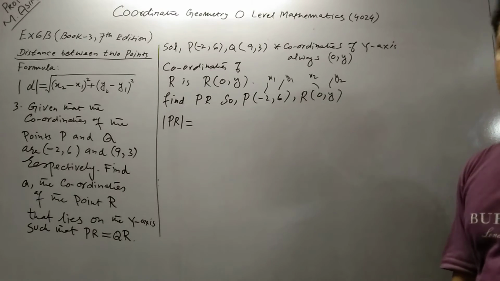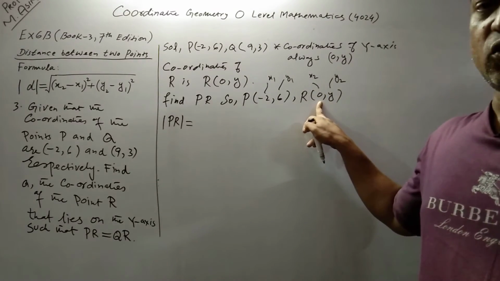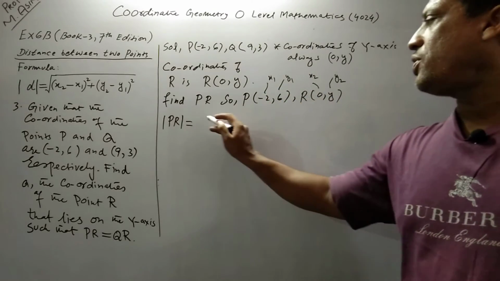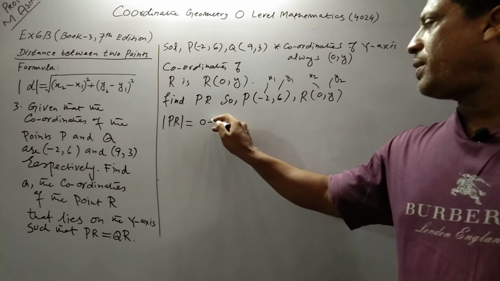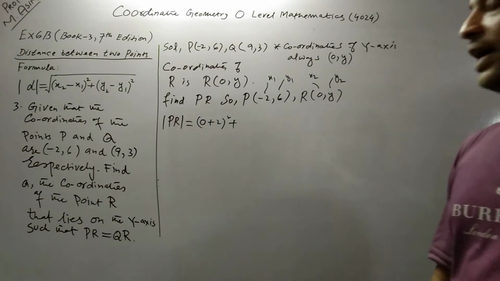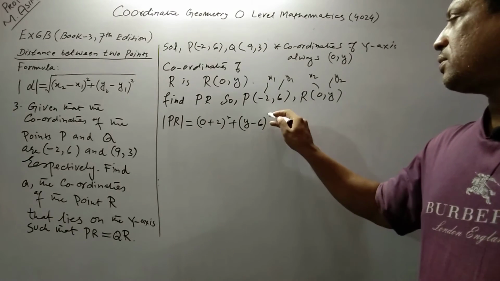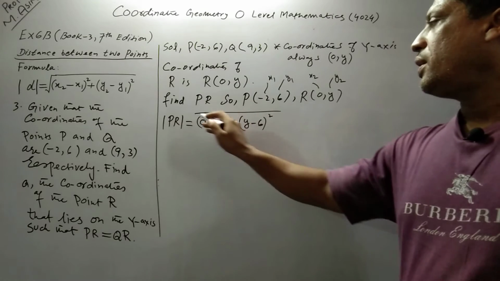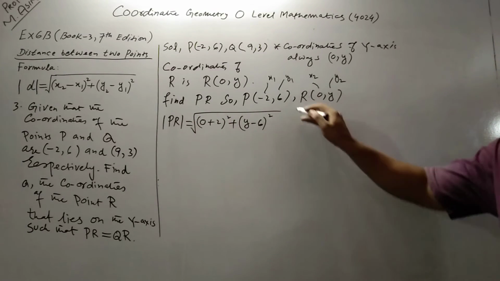Therefore the distance of PR is the square root of x2 minus x1 whole square, x2 is 0, minus x1 is -2, therefore minus 2 square, plus y2 minus y1, y minus 6 whole square. This is the distance of PR.